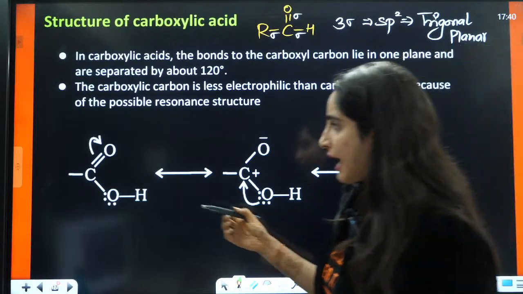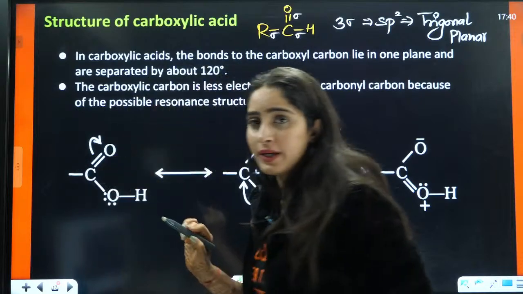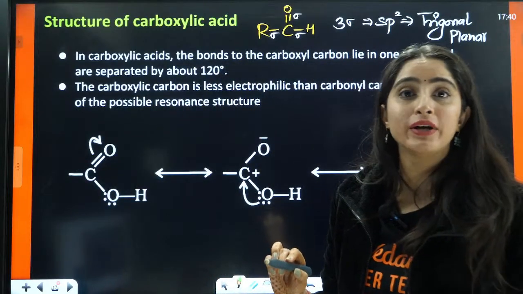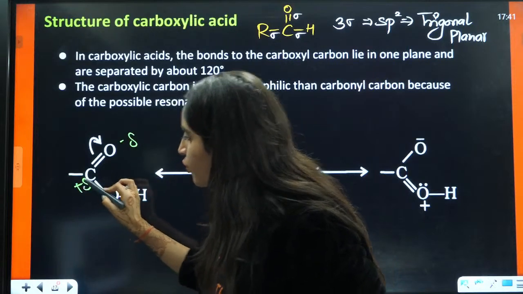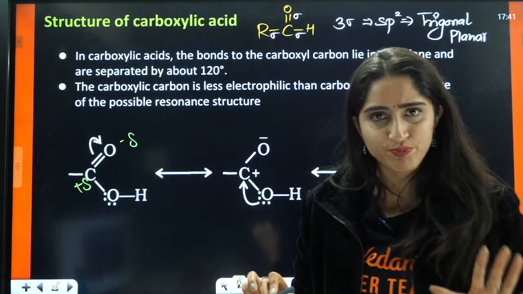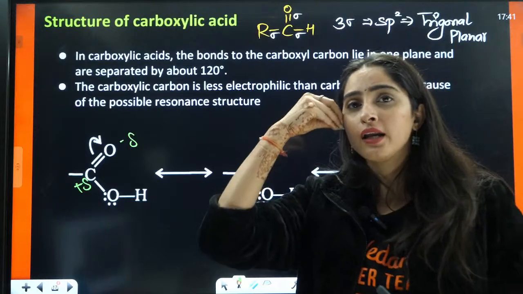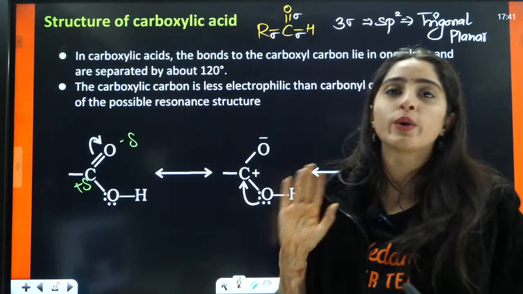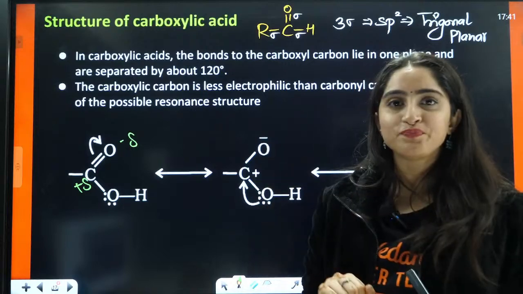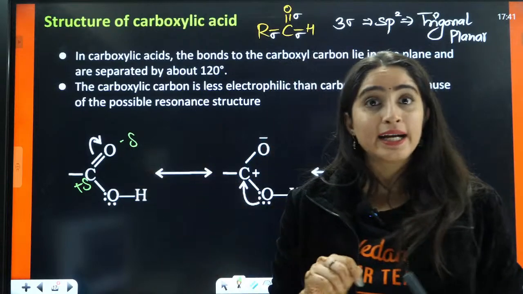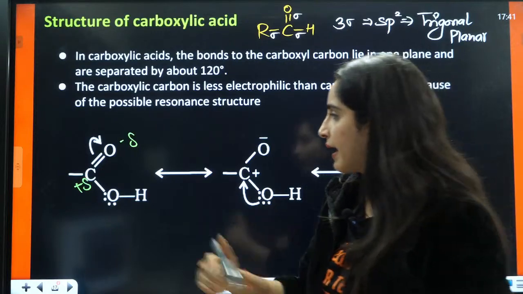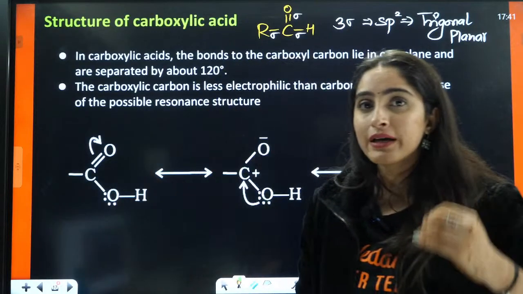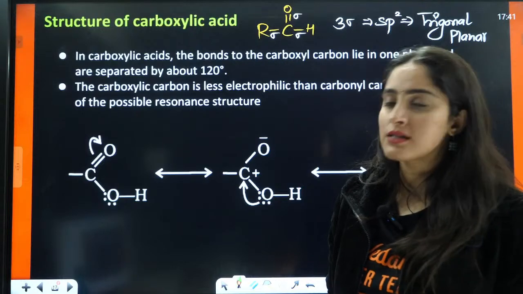Now we know that this carbonyl carbon has an electronegativity difference. Oxygen is more electronegative and carbon is more electropositive. We have done this in aldehydes and ketones also. But in this case, it is even lower than in aldehydes and ketones. What is the reason behind that? The reason is the resonance structures here.